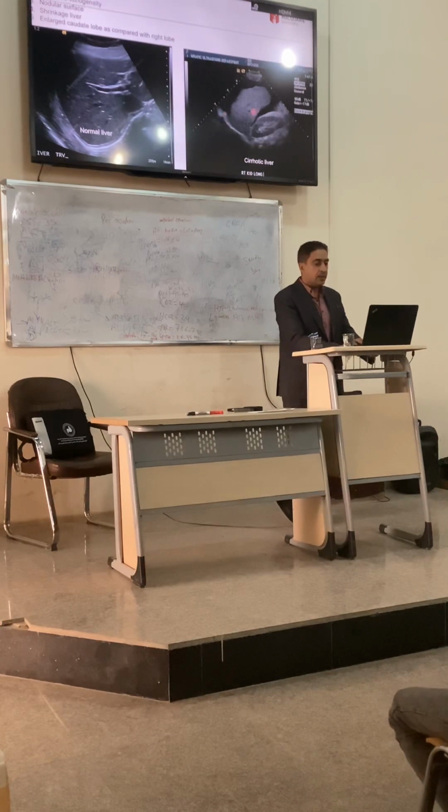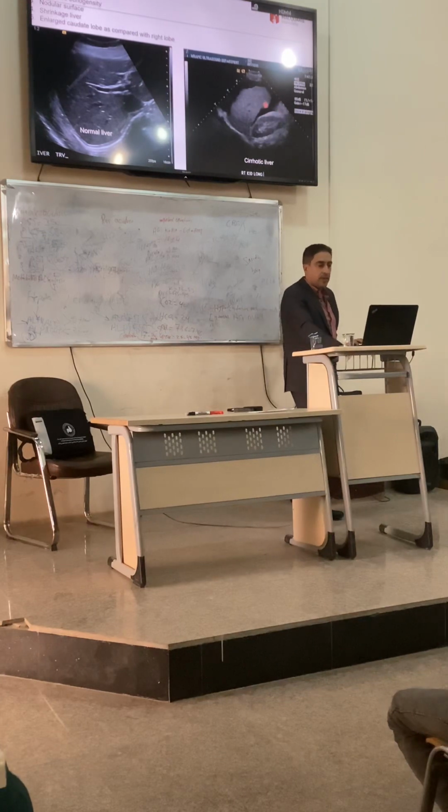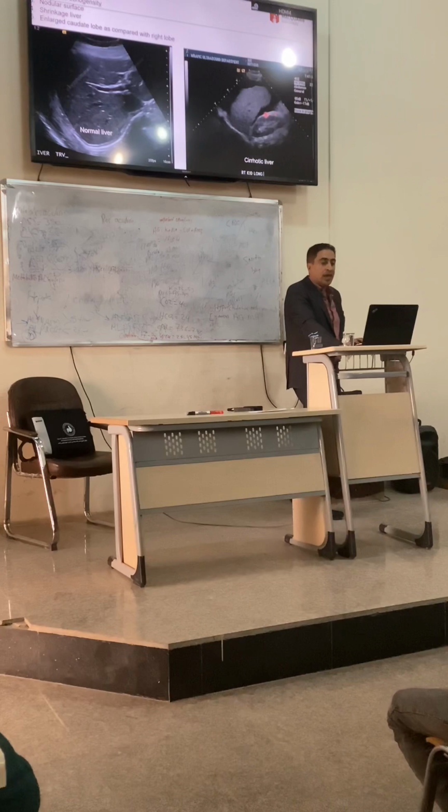In liver cirrhosis, you can see a heterogeneous liver with increased echogenicity, whiteness of the liver. Third, it becomes a nodular surface. Look at this edge: it is a sharp, smooth edge, while here is a nodular liver. Look at the size of the liver, and look at the size of the liver here, as it shrinks.